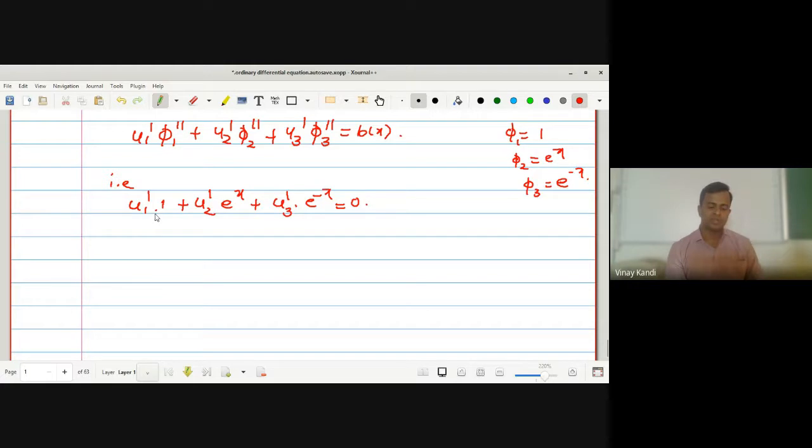Differentiate with respect to x, we get 0 here plus u2 dash into e raised to x minus u3 dash into e raised to minus x is equal to 0. Again differentiate, we get u2 dash into e raised to x plus u3 dash into e raised to minus x is equal to b of x, which is x.